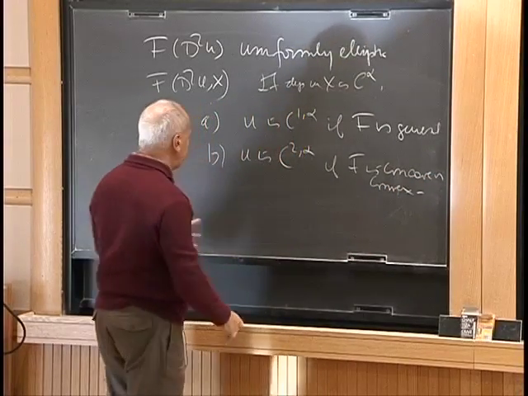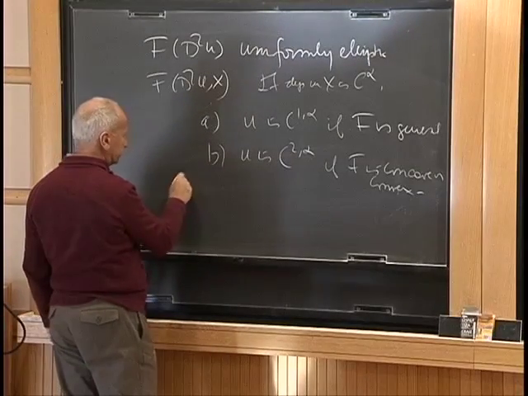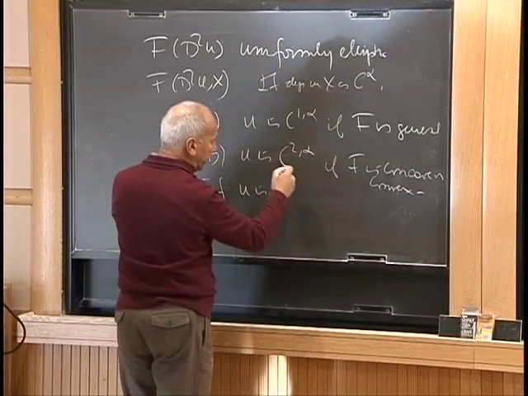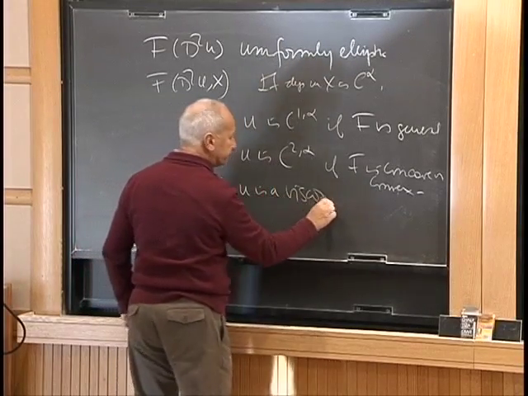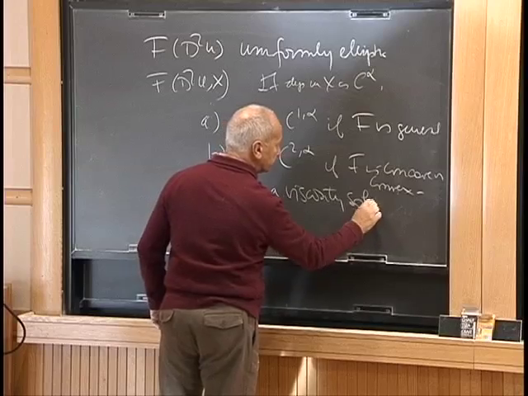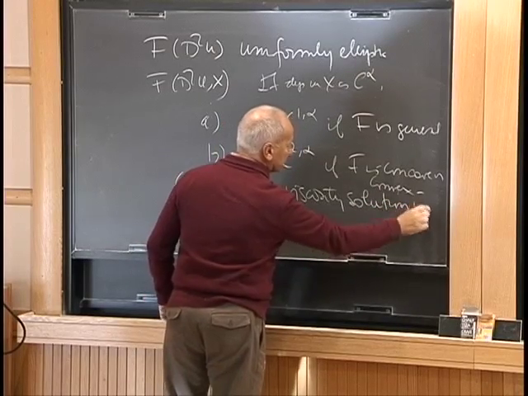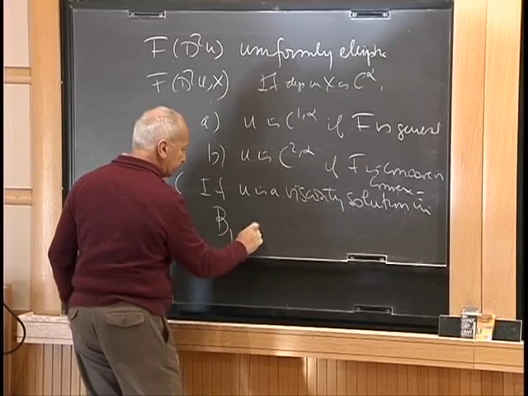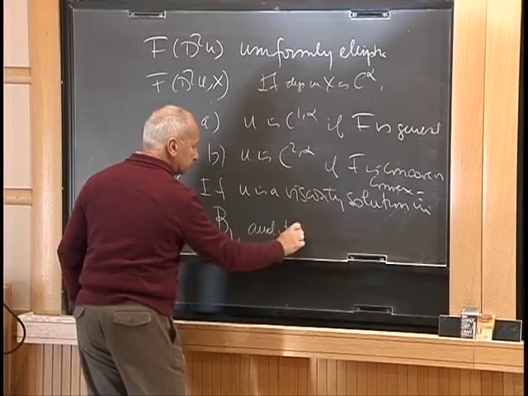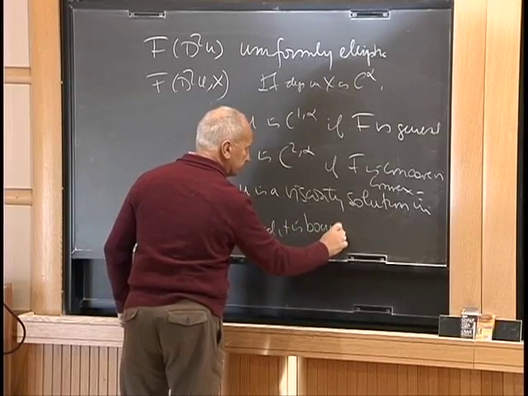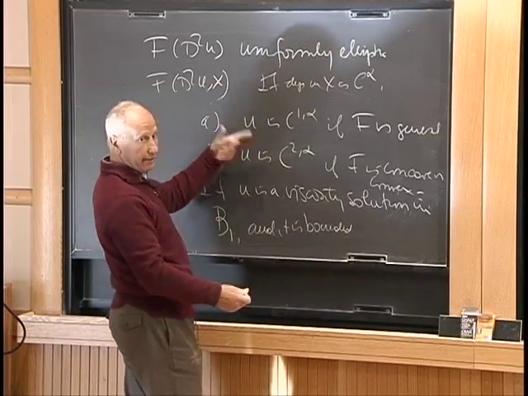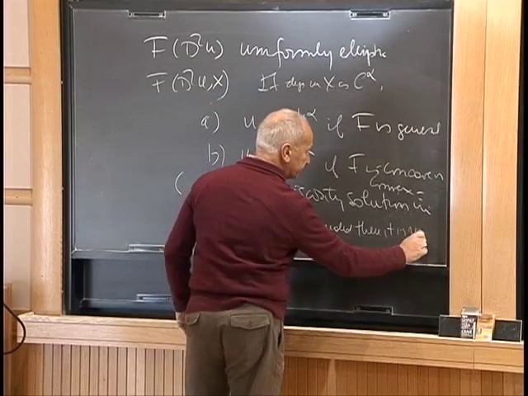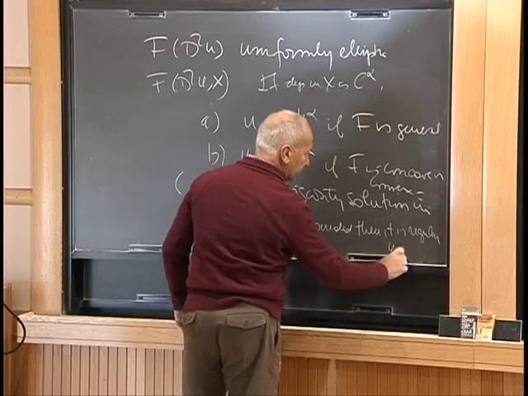And what I mean by this is, if u is a weak viscosity solution in the unit ball of R^n and is bounded, then it is regular in half the ball. Then it is regular in B_{1/2}.